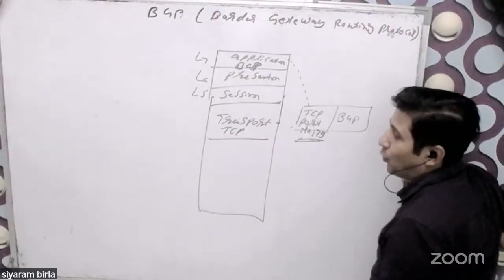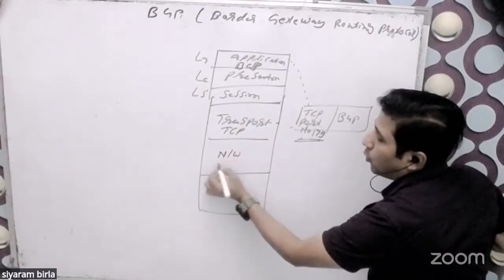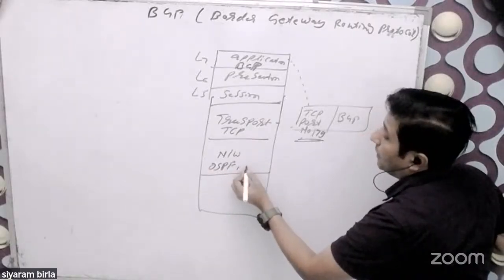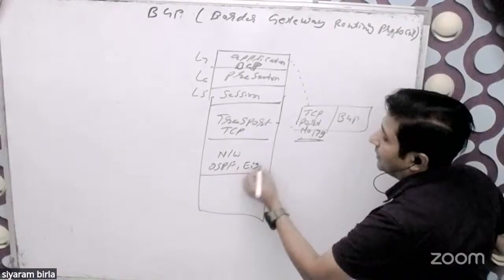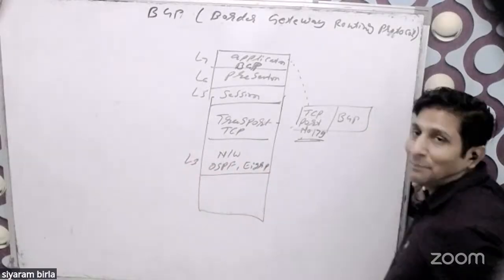You have also heard about the protocol number. Protocols like OSPF and EIGRP work at layer 3, so they don't have a port number.